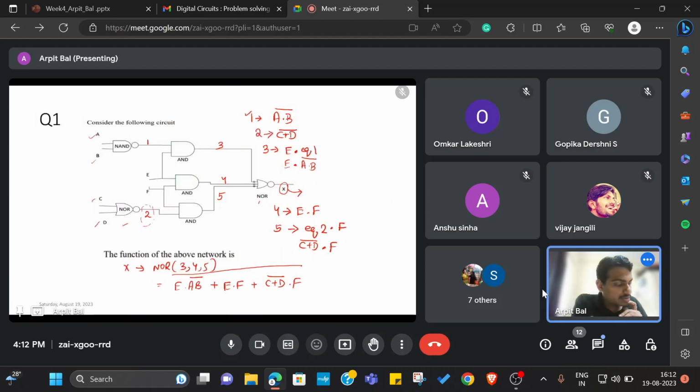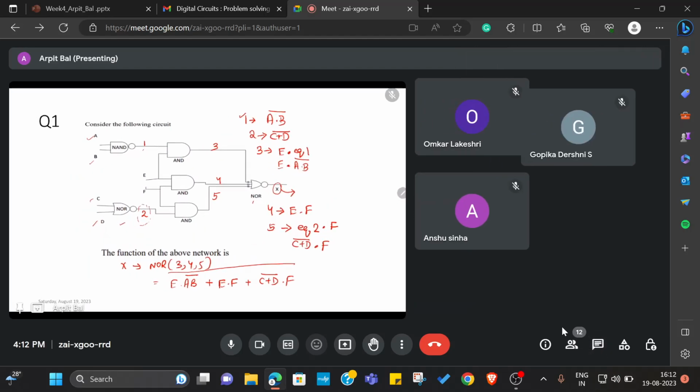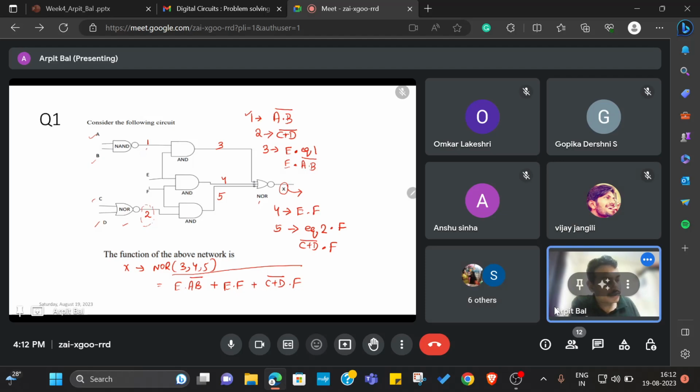Yeah, so for the first question, what we did is we tried to figure out what will be the intermediate nodes equations. We started giving nodes different names, like I used numerals, but you can use anything. So you can call it A, B, C, D, provided you do not get confused with the inputs as well as the node names.